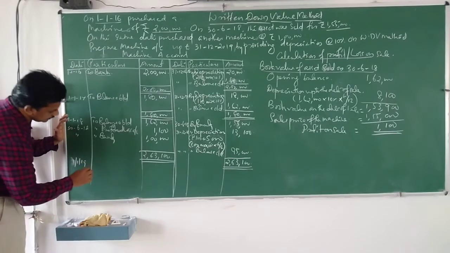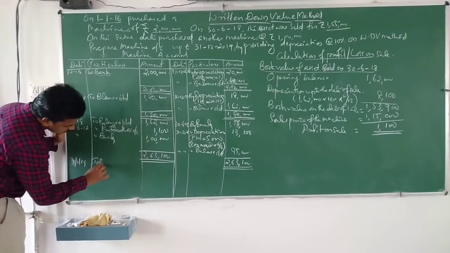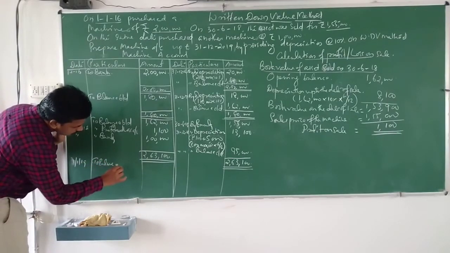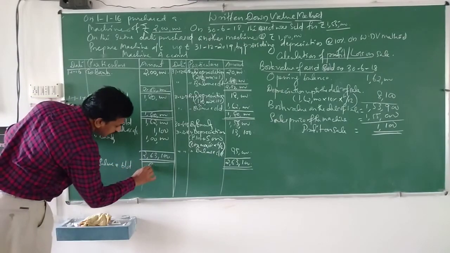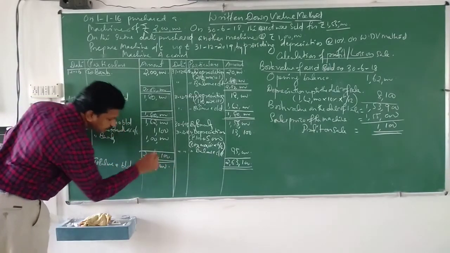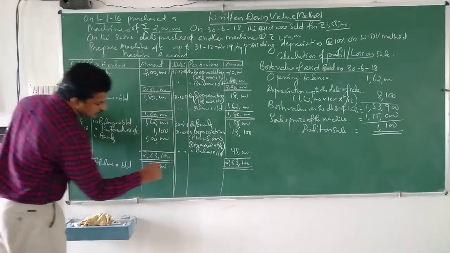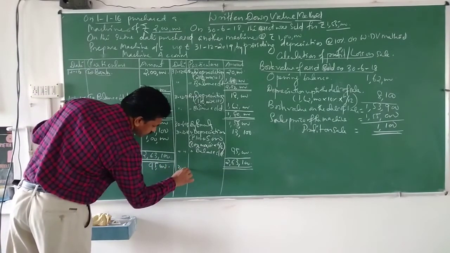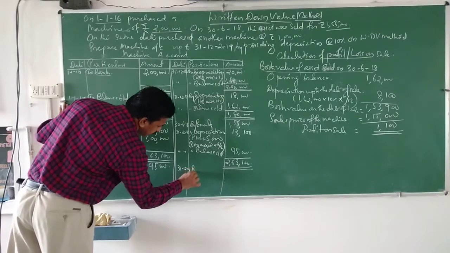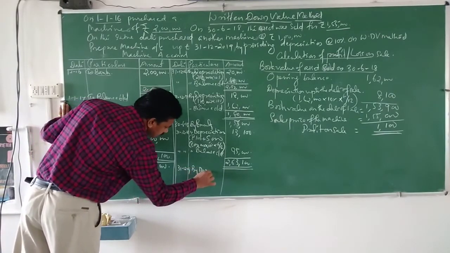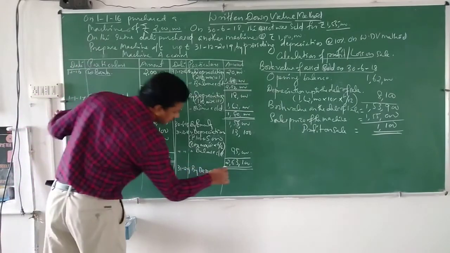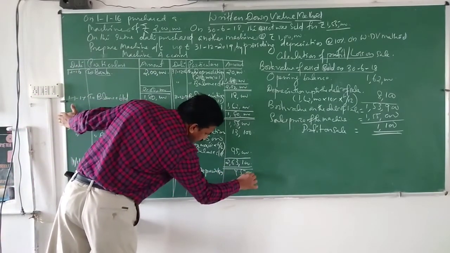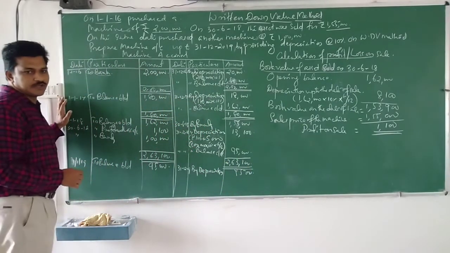Okay, then 31 December 2019 write to balance brought down. How much? 95,000. Then 31 December 2019 by depreciation. How much? 9,500.